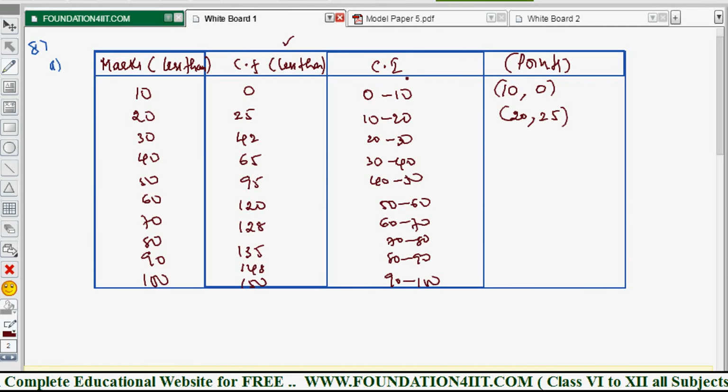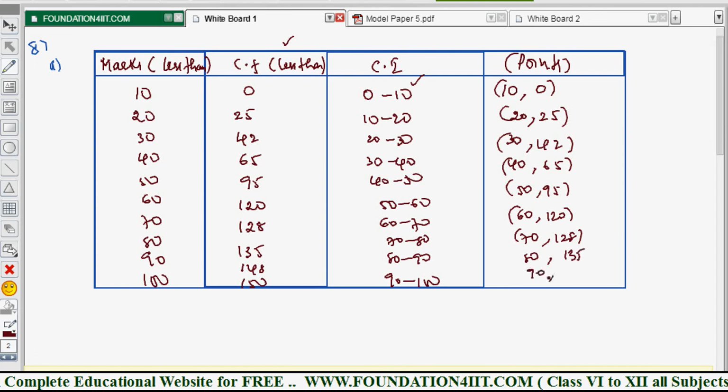We take the upper values. Next is 30 comma 42, 40 comma 65. You need to plot these on the graph paper. And 50 comma 95, for 60 it's 120, 70 comma 128, 80 comma 135, for 90 it is 148, and for 100 it's 150.